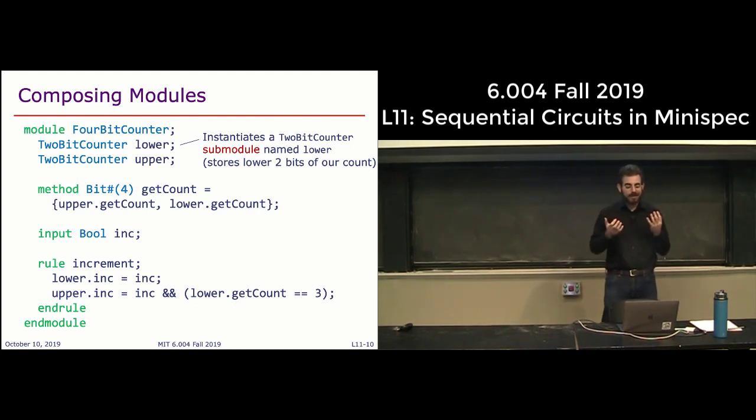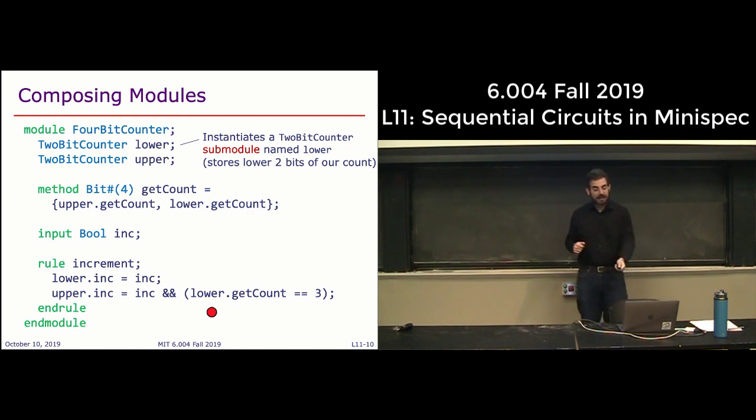This gets to the key point here, which is, if you have two 2-bit counters, how do you build one 4-bit counter? Well, you can have the lower counter, the lower 2 bits, increment every time that your increment input is set, so lower.inc is just inc. And then how about the upper one? For the upper 2 bits, you want to increment the upper counter if you yourself need to increment, and the lower counter is about to wrap around.